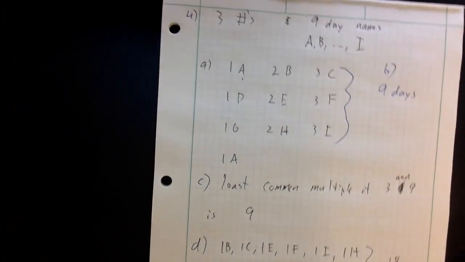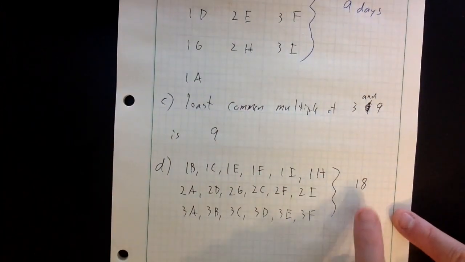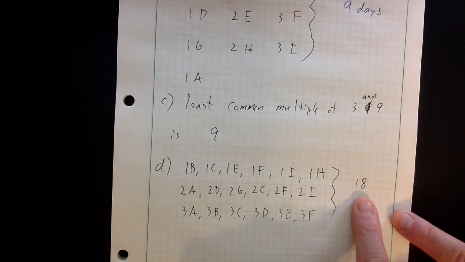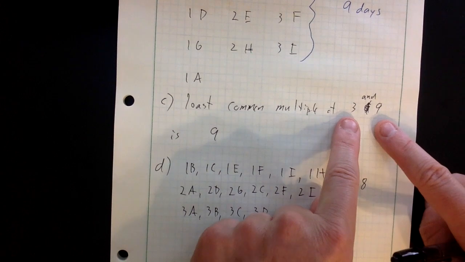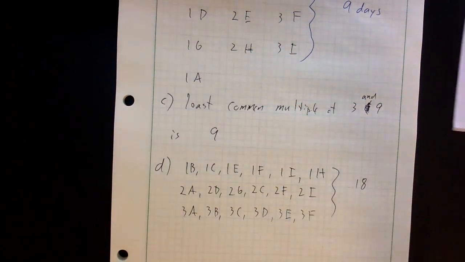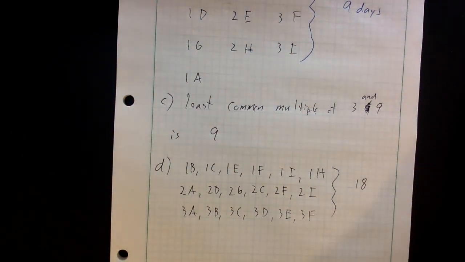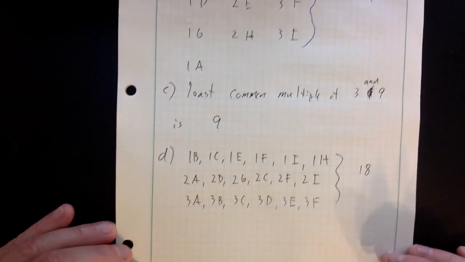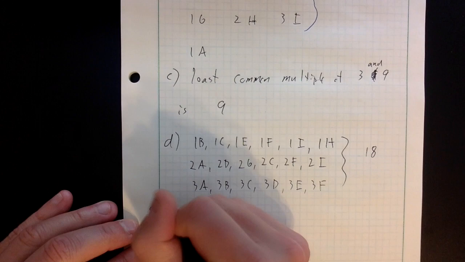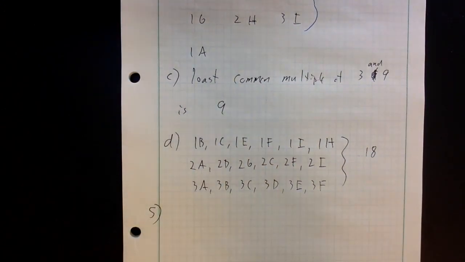So to connect that, if we have 18 missing days and 9 days in the calendar, together that makes up 27, which is 3 times 9. Then I want to connect this with number 5 on the homework assignment. Write a few sentences.